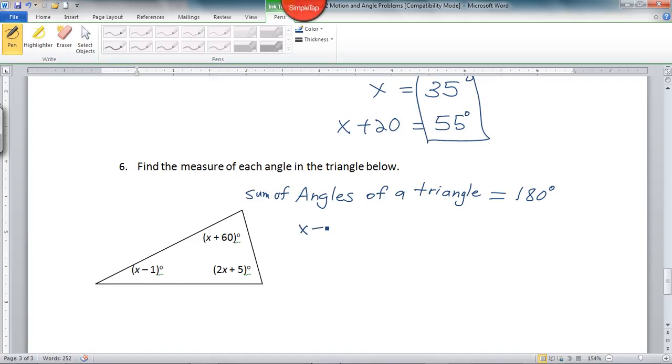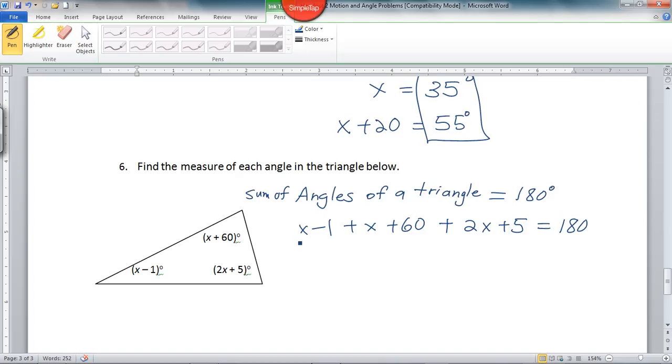So we're going to take the x minus 1 angle plus the x plus 60 angle, and add to that the 2x plus 5 angle, and that's going to equal 180 degrees. There's our equation. Add the three angles, set them equal to 180 in this case.